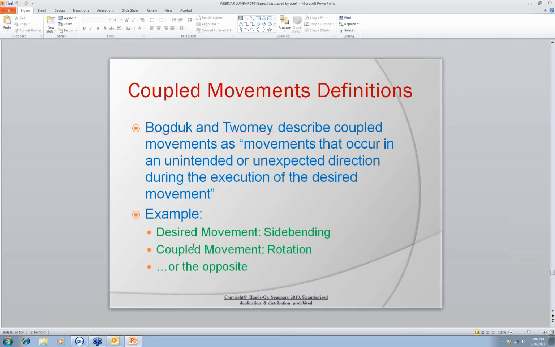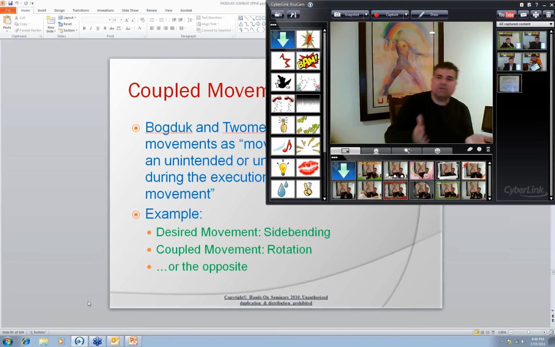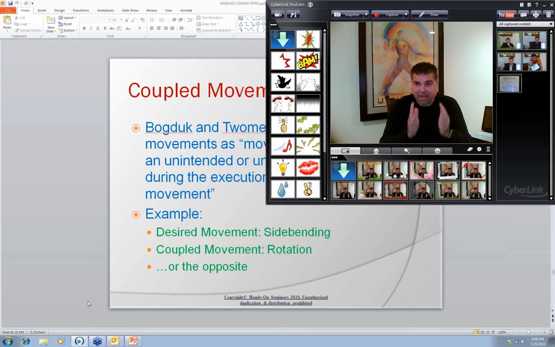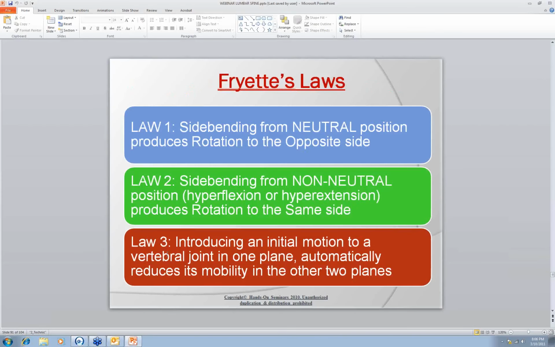Because what you wanted to achieve was the side bending, let's say, of the cervical spine or of the lumbar spine. That was the desired movement. But because of the mechanics of the spine, at the same time that you have side bending, you also get a rotation. So the rotation is the coupled movement.